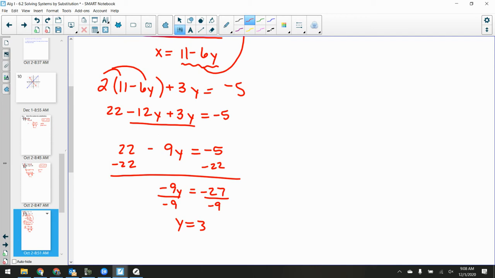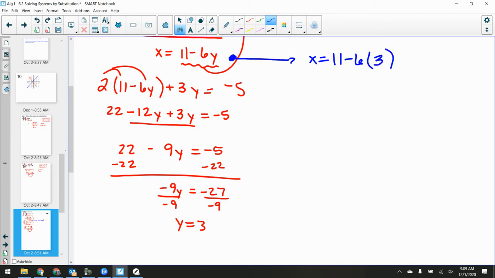Okay, now we're cooking. We got one of the 2 variables. Once we hit this point, it's like dominoes are falling. All I need to do now is find out what my x would be. Well, guys, take a look up at this equation right here. X is 11 minus 6y. So x is 11 minus 6 times 3.